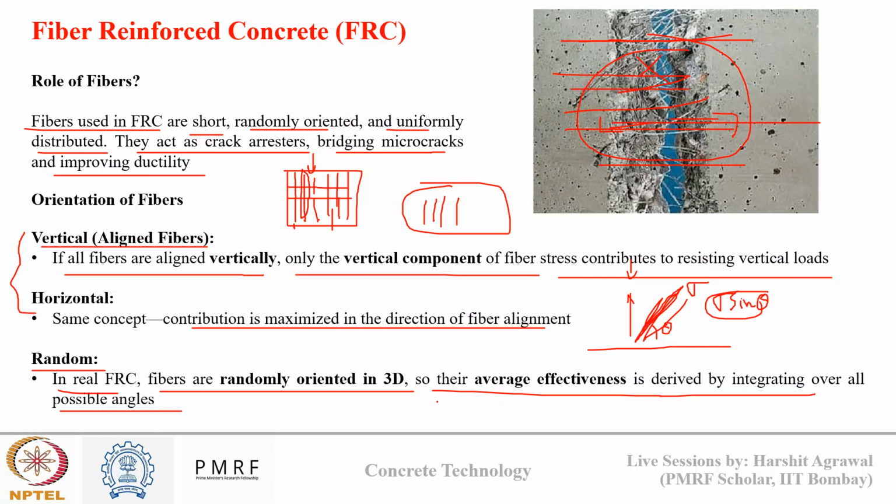Okay, so this is why it is said average effectiveness is derived by integrating all possible angles. So this fiber is oriented like this, some will be oriented like this, some like this. In this way we can generate the vertical component of each fiber, and we can know the effectiveness of fiber that is coming.